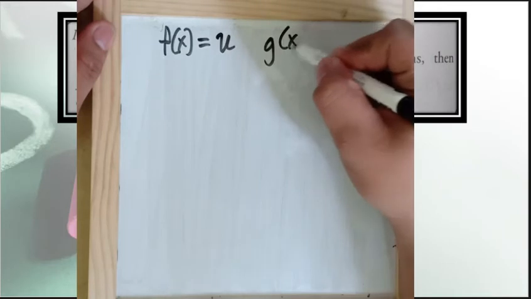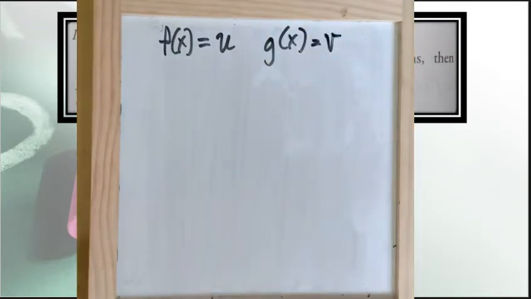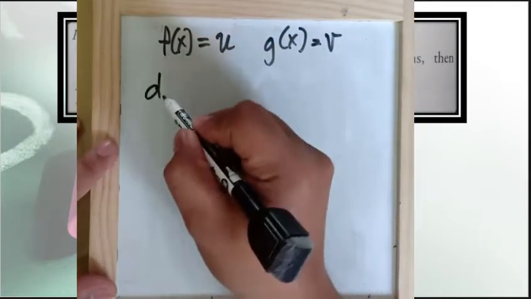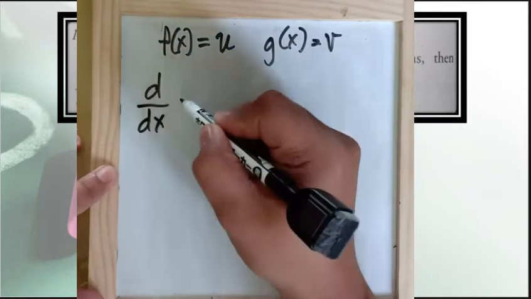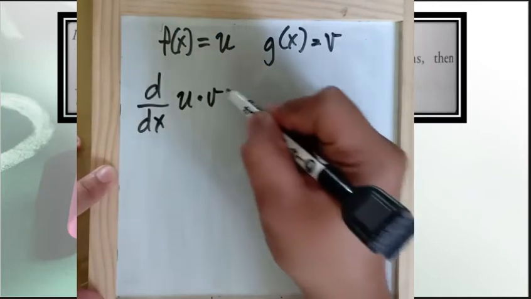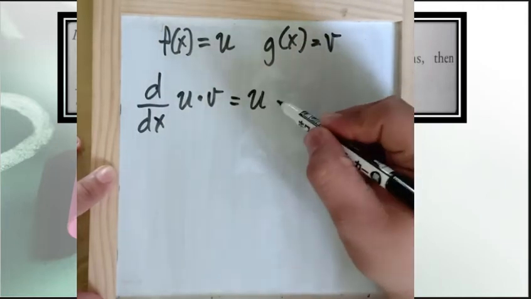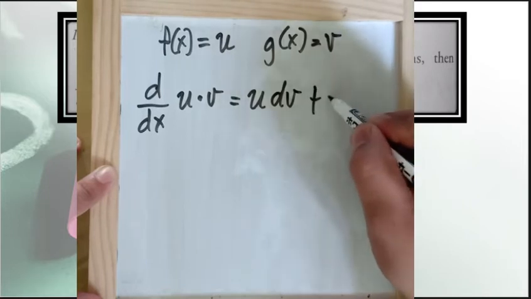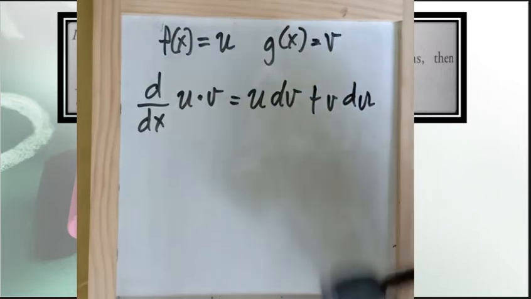And I will replace the g of x by the v function. So, uv. According to the rule, the derivative of u times v is equal to: copy your u function, get the derivative of the v function, plus copy the v function, get the derivative of the u function.